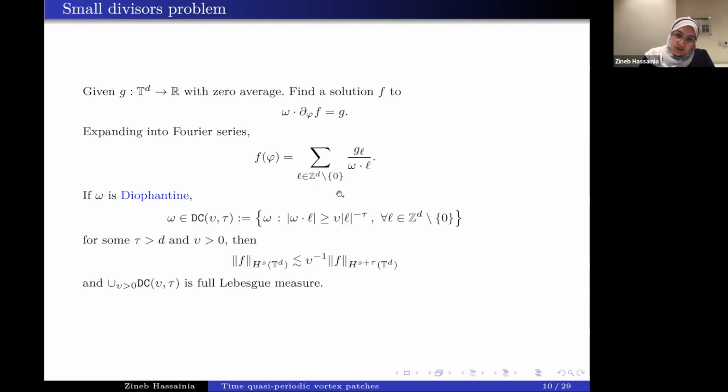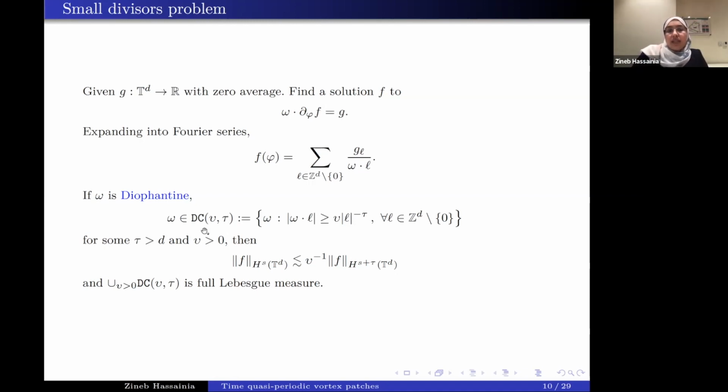And for a long time, people like Poincaré thought that it's not possible to make this series convergent due to the possible smallness in the denominator. So the key idea of Kolmogorov was to introduce the Diophantine condition in order to control the small divisor problem and get only an algebraic loss of regularity.